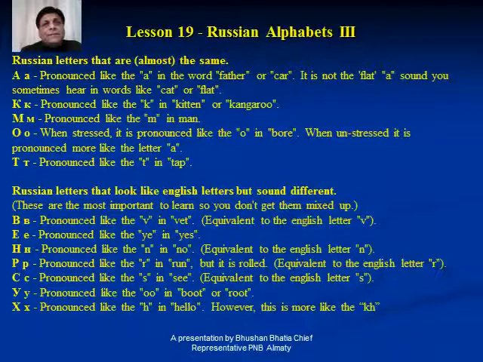So the spelling carries O, but it is spoken as A. When it is stressed it gives the sound of O, but if it is unstressed, then it gives the sound of A. But it is like English O.